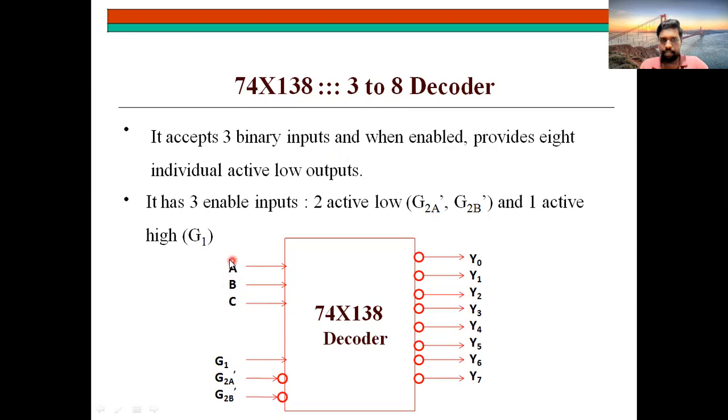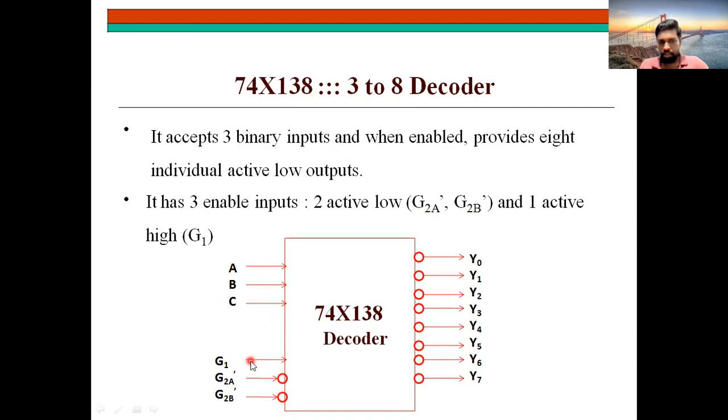A, B, C. See the diagram here. 3 inputs will be there, and these 3 inputs will be in active high state. What is active high state? The input given directly to the circuit is called active high. The input which is given with a bubble, see like this, these bubbles are your active low states. Any line which is linked with a bubble is active low.